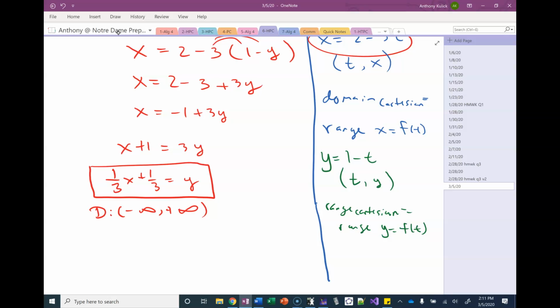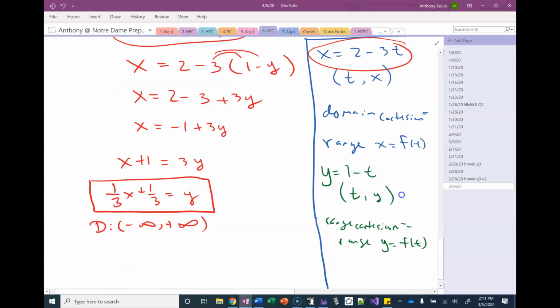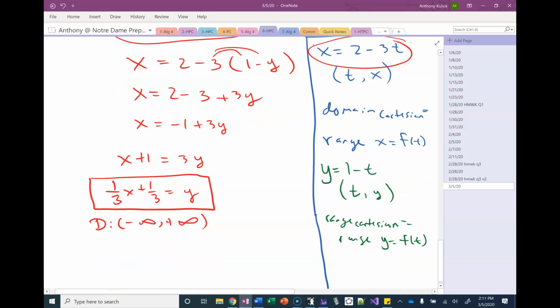Everybody can see that? Because it's like a degree 1 polynomial, right? So we know the domain for this function is all real numbers. It's just the interval for the parameter. So if the domain for my line is all real numbers, what's the range? All real numbers. So that's the domain and range for this.